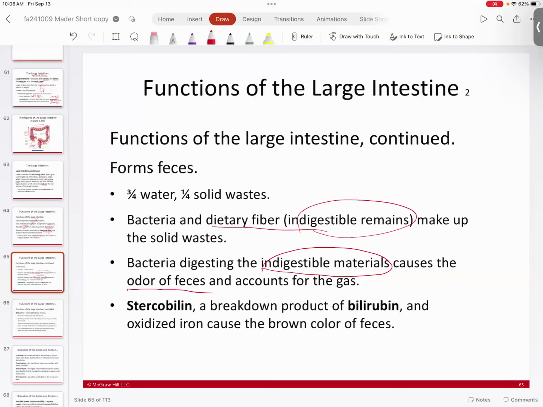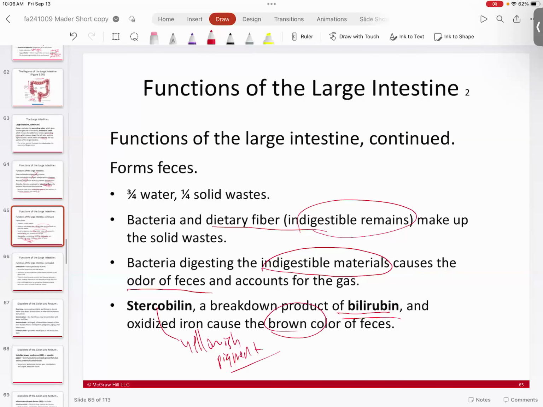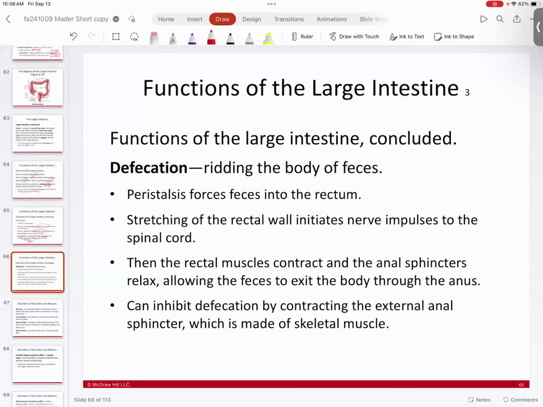Stercobilins and urobilins, which come from the breakdown of bilirubin, or the breakdown of blood, enter into your large intestines. These are yellowish pigments, which is the reason why the feces is brown in color, because of those blood breakdown products. It's also the reason why your urine is yellow.